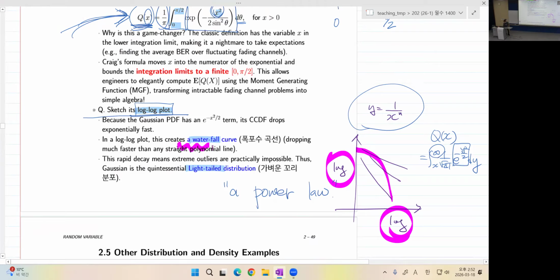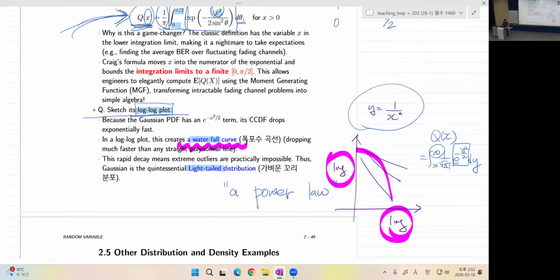So the Q function is called a waterfall curve because of this shape. It's like 폭포, waterfall, right? Got it? So if you see a waterfall curve in a log-log plot, then what? It's reducing the value much faster than any polynomial. See that any finite power will still give you a straight line, whatever slope it is. However, this waterfall curve is very, very fast decaying.